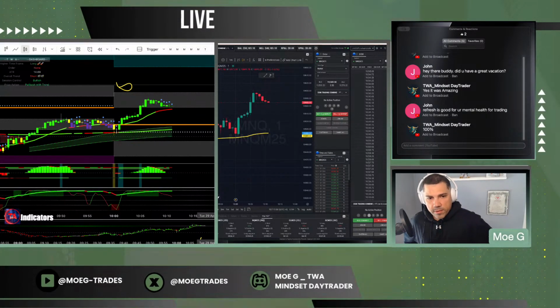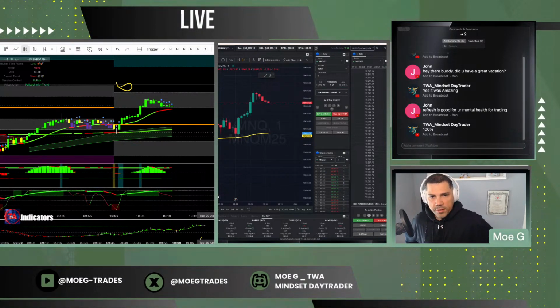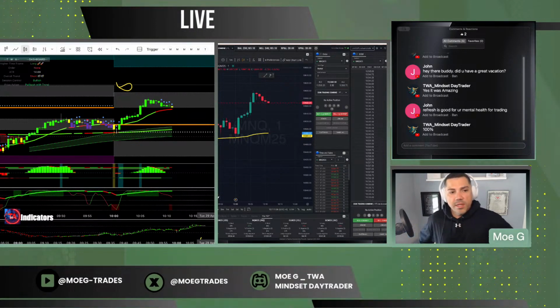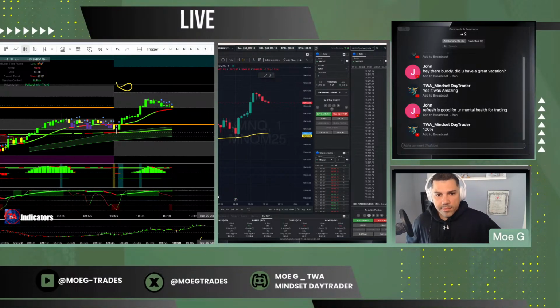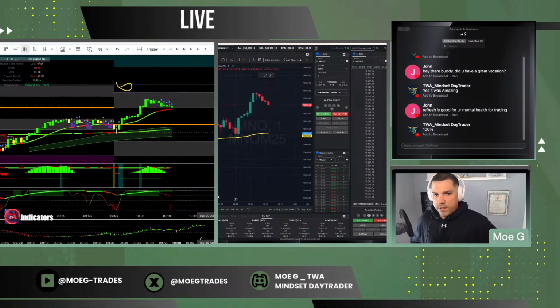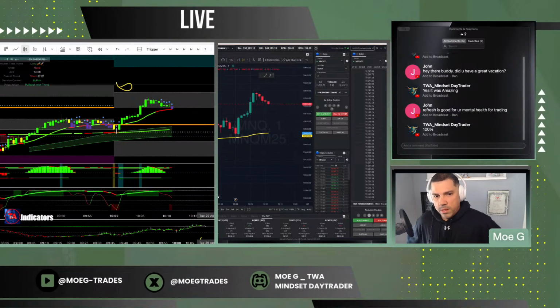Yeah, bunch of waiting right now. I have not seen a clean setup yet. There's been riskier ones. This might be a good short setup for a couple points. Let's see.